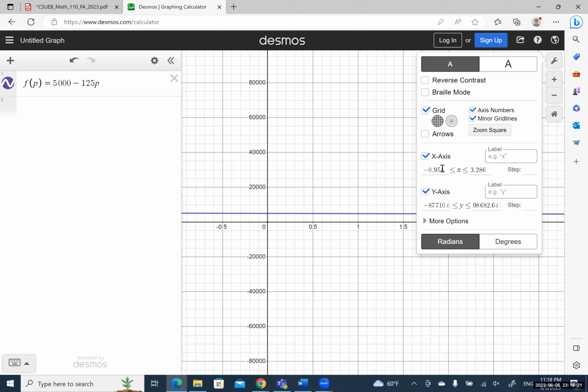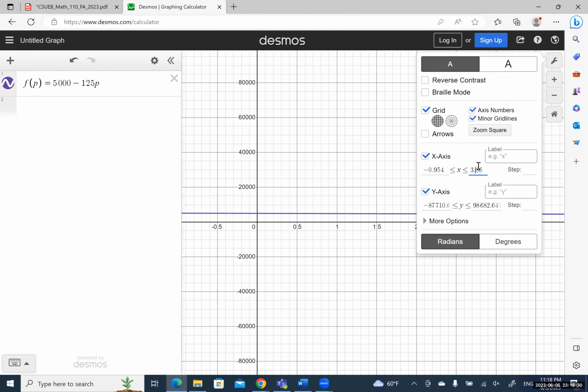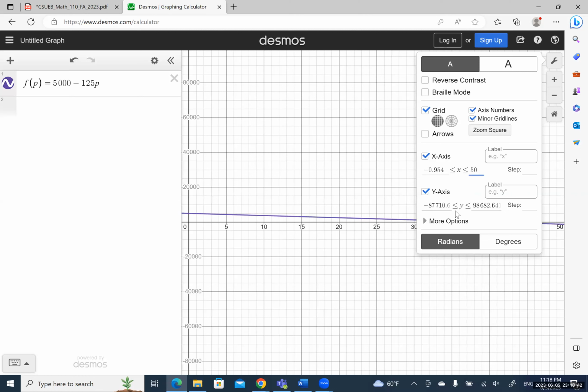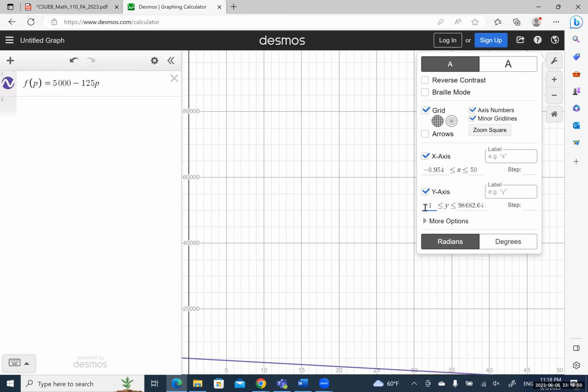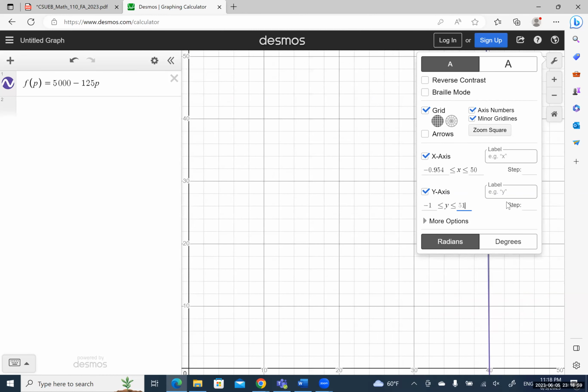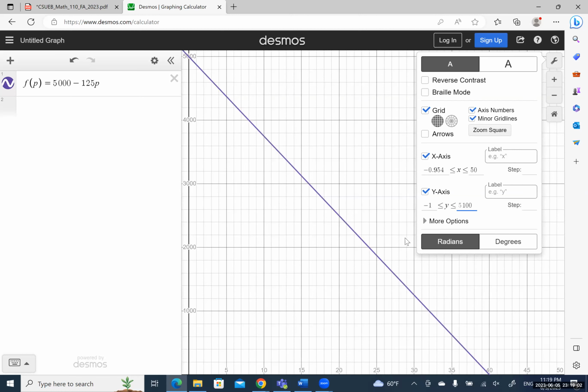The x-axis must change, let's say to be up to 50. And the y-axis is going to change from 1 up to 5,001.